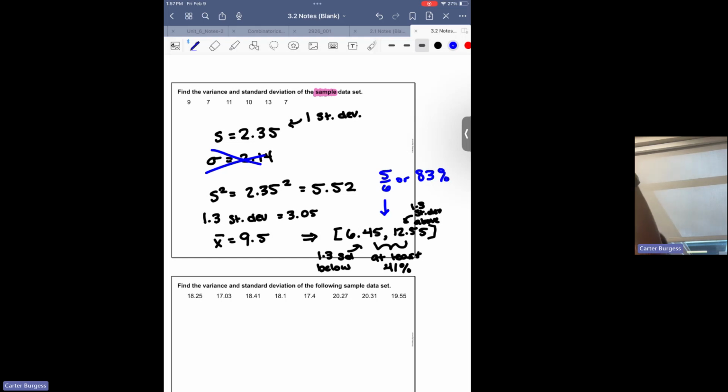But I did want you to see this process and understand what 2 standard deviations mean. Well, 2 standard deviations should be 4.7 below and 4.7 above the mean. 3 standard deviations, 3 times the standard deviation below, 3 times the standard deviation above the mean, and we're making some kind of claim that we should see some amount of our data within that range.